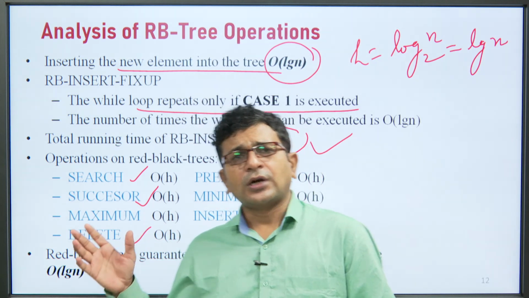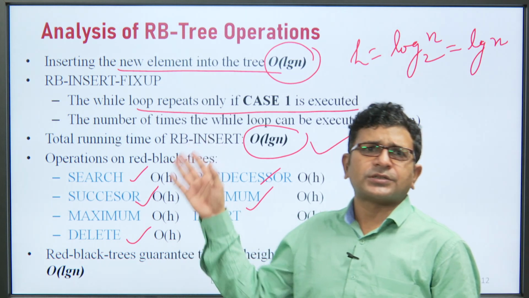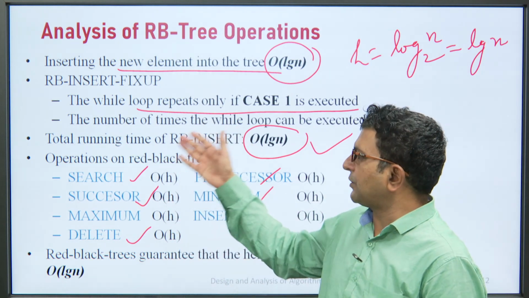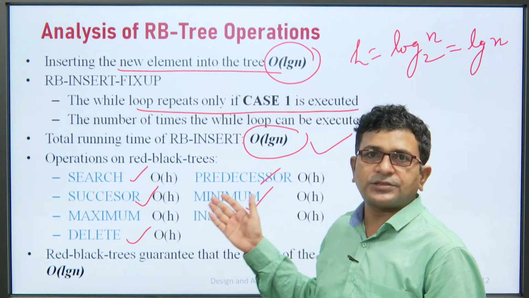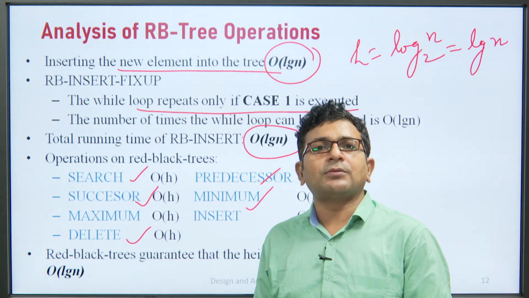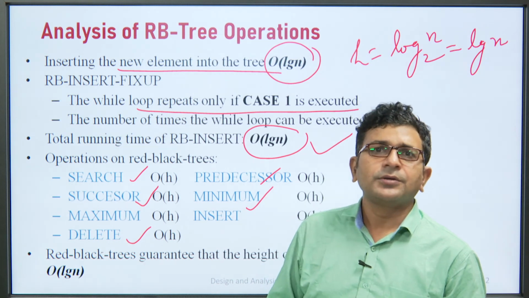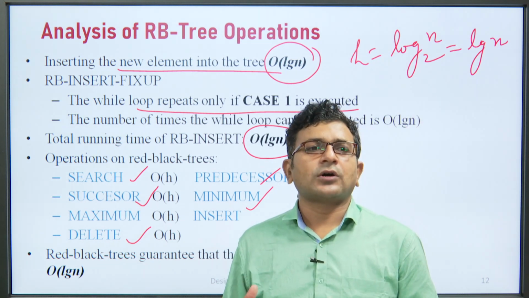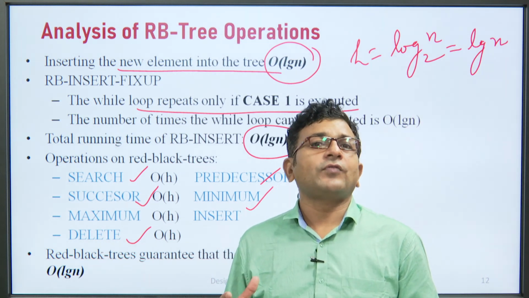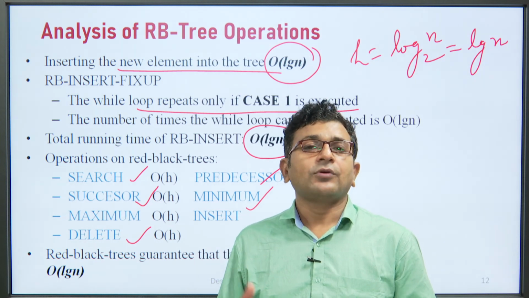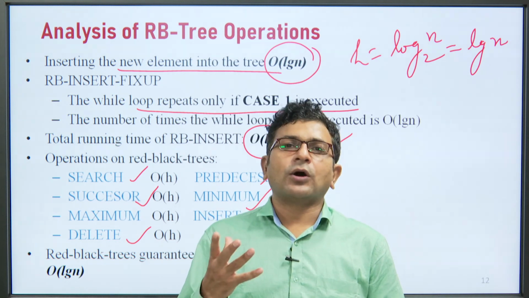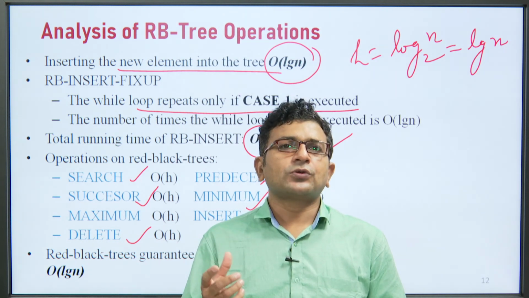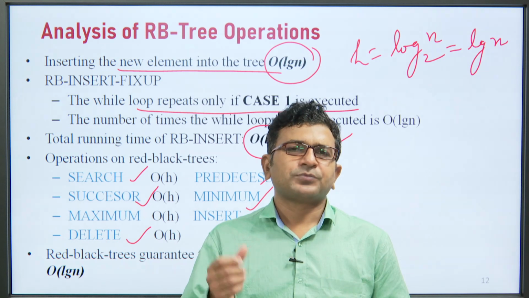Now, just see, already we have discussed all the operations, like searching for a particular element, finding the successor, predecessor, minimum element, maximum element; all those operations can take big O of lg n time, big O of h time, where h is log of n base 2 for a height balanced tree. So, the red black tree is basically a balanced tree.